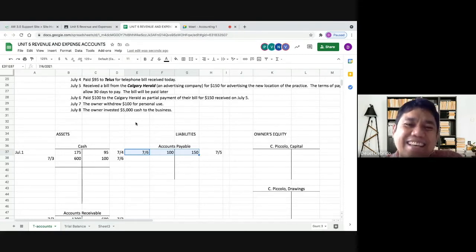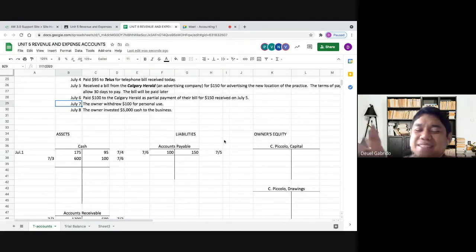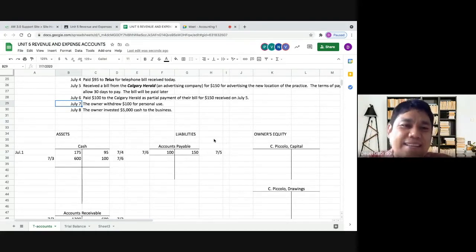As easy as that. Now, let's go to 7. I think this is the question related to what your classmate has said earlier. How can we distinguish the personal thing? Look at this. The owner withdrew $100 for personal use.